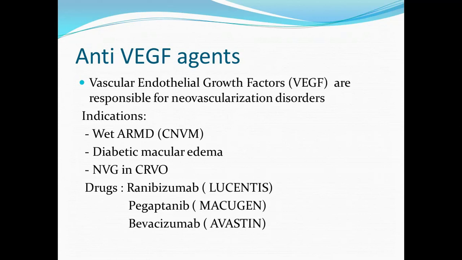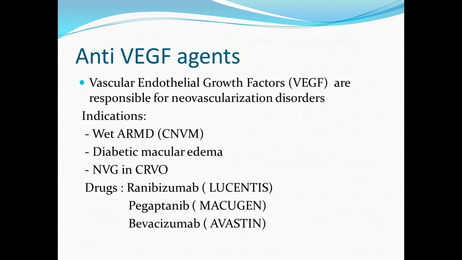So we can use agents like the anti-VEGF agents to prevent neovascularization. They have got specific indications. They are used in wet ARMD. ARMD is age-related macular degeneration. It's of two types, the dry one and the wet one. The wet ARMD is said to cause a membrane which is called a choroidal neovascular membrane.